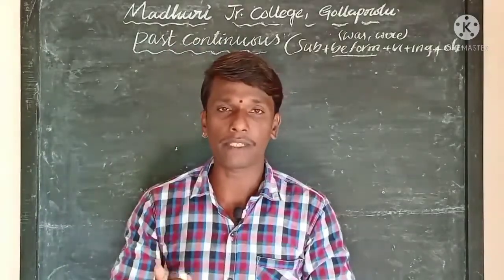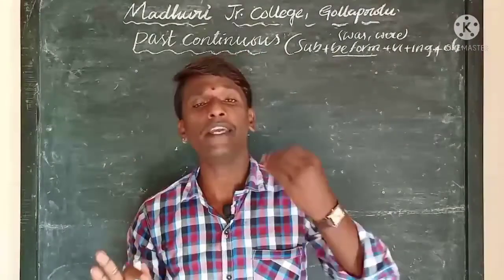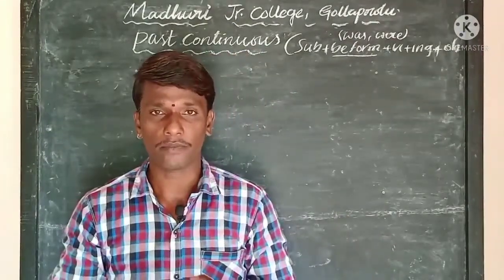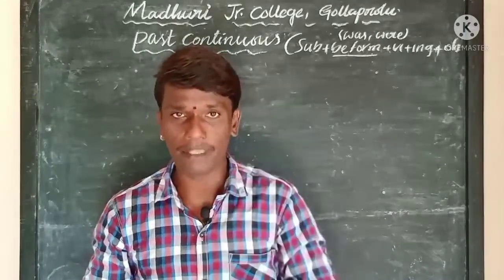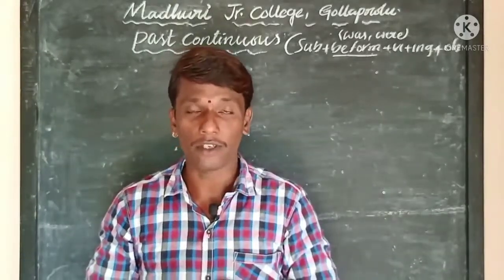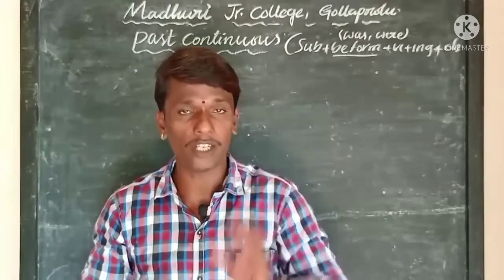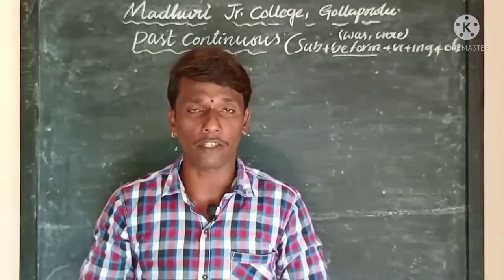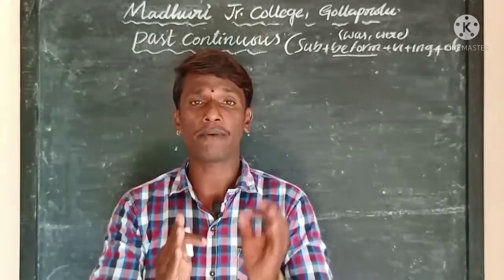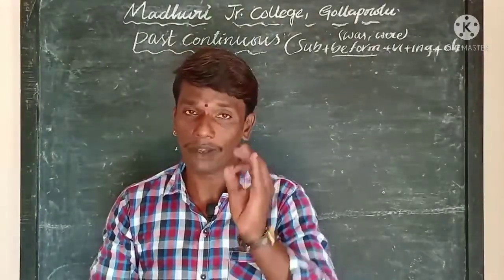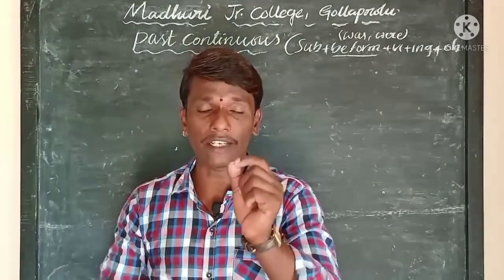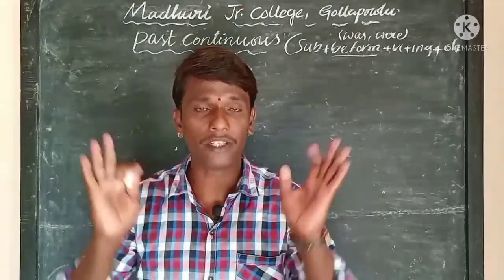If the present be forms are there, am, is, are, you can confirm it as present continuous tense. If past be forms are there, was and were, you can confirm it as a past continuous tense. If shall or will, or the modals are there, you can confirm it as a future continuous tense. First you need to identify the ing form. When there is an ing form in a given sentence, the tense is a continuous tense first.